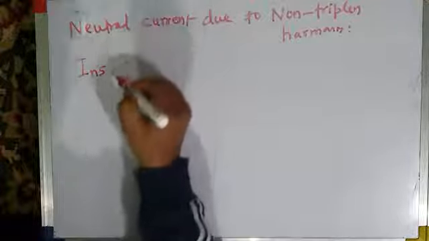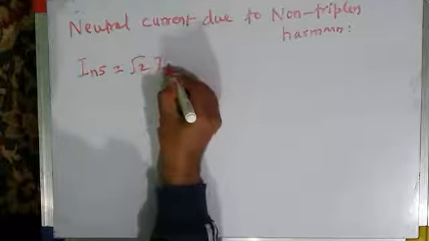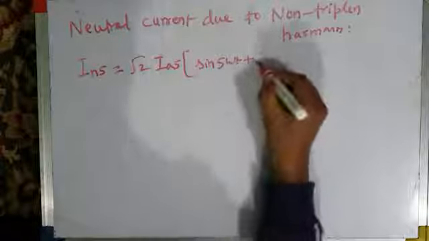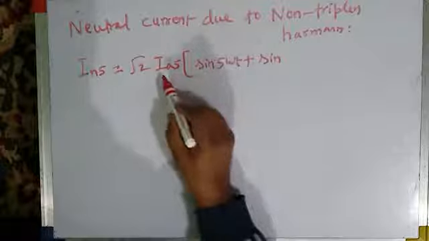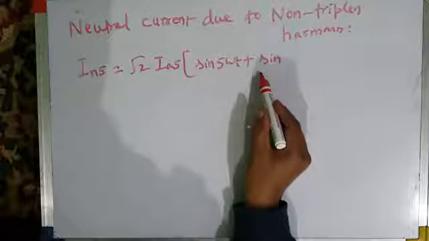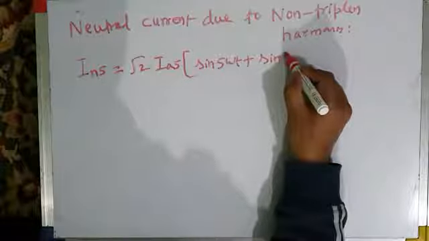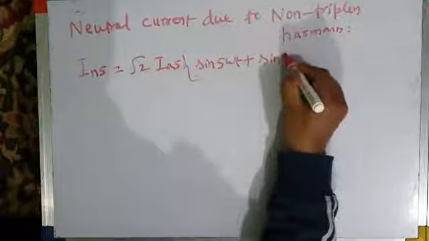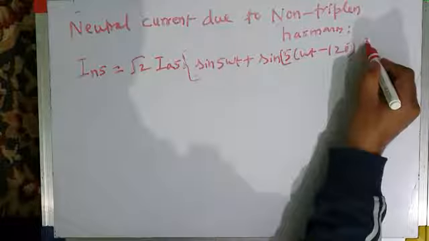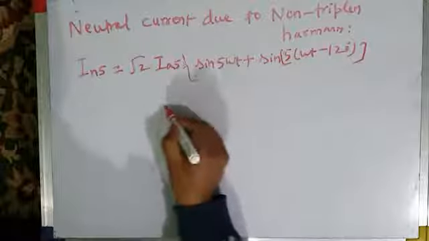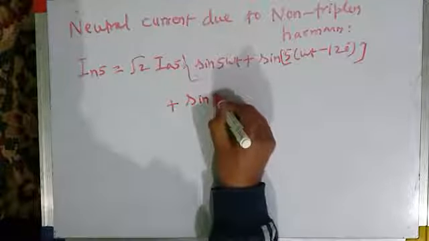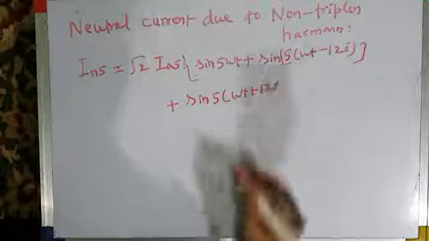It is equal to root 2 IA5 times sine of 5 omega t, this fifth harmonic in line A current, plus root 2 IA5 sine of 5 times omega t minus 120 degrees, as it will be in line B current also, plus the fifth harmonic due to line current IC, that is sine of 5 times omega t plus 120 degrees.